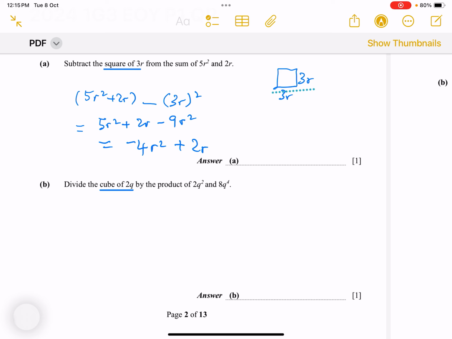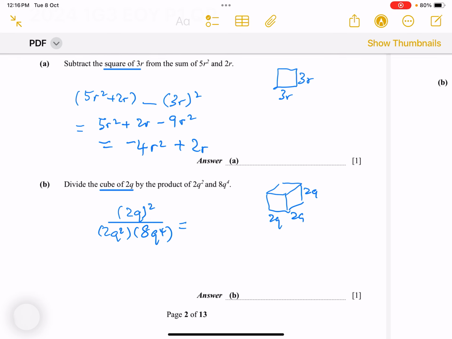In the second part, we have to divide the cube of 2q. Now, a cube, we should think of it as a cube of side 2q. So that means the cube of 2q, we want to divide it by the product of 2q squared by 8q4.